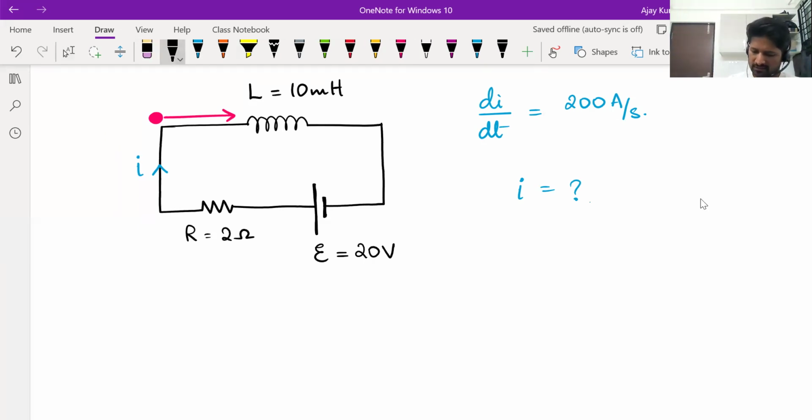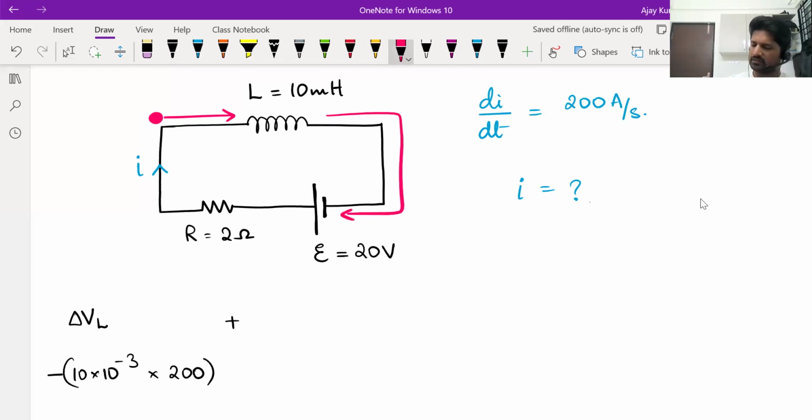How did you write potential change across the inductor? Tell the formula first. Minus L di by dt, because you are going in the direction of current. L is 10 into 10 power minus 3, di by dt is 200. These are all in SI units, so you can keep them as it is. Next, you come across the battery.